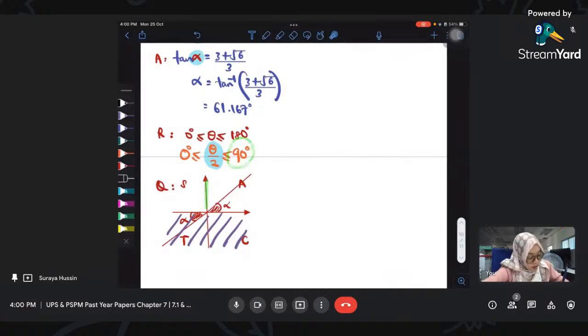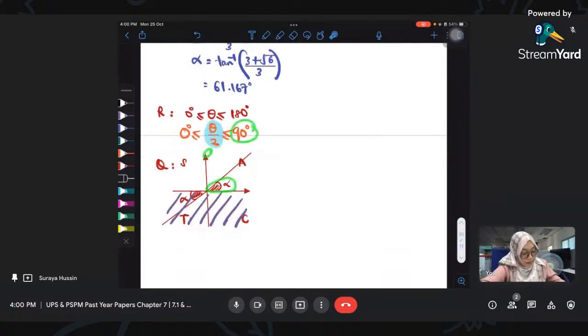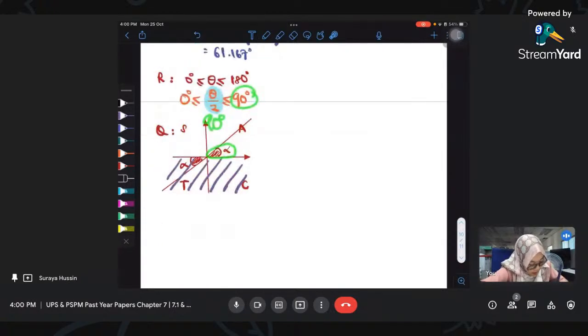So this alpha is the only answer for my theta over 2. Okay, my answer is only for the first alpha. Sebabkan range kita, maximum dia adalah 90 degree. And so our answer is theta over 2 is equals to 61.167.